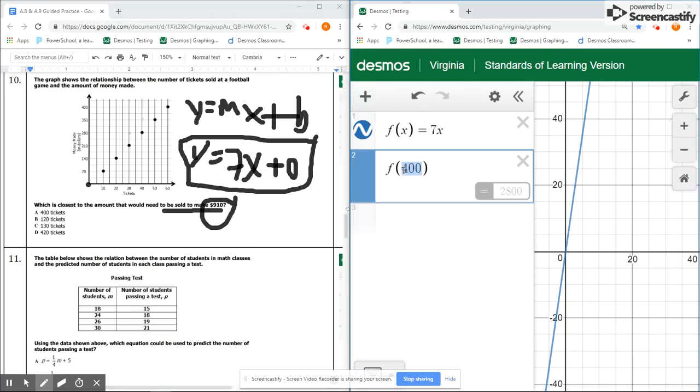If we sell 120 tickets, that's $840. If we sell 130 tickets, that's $910, which is what we want. And if we sold 420 tickets, that would be a lot more money than what we need. Okay, so the answer was 130 to make $910.